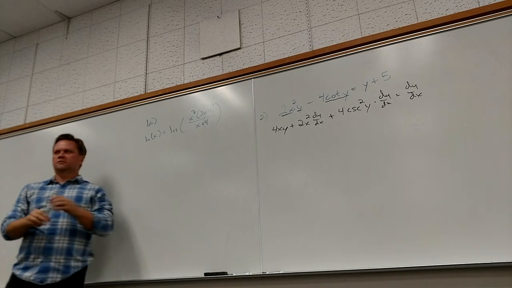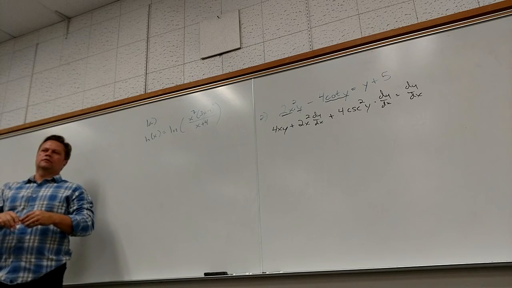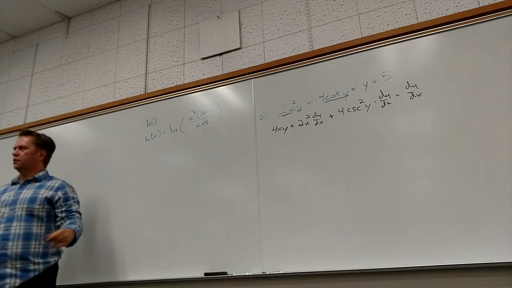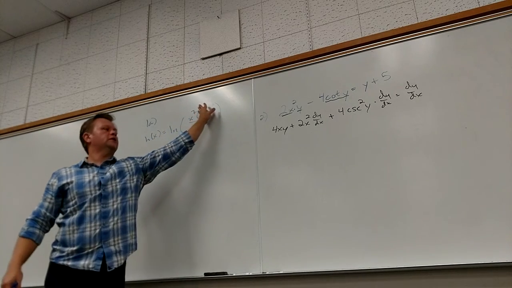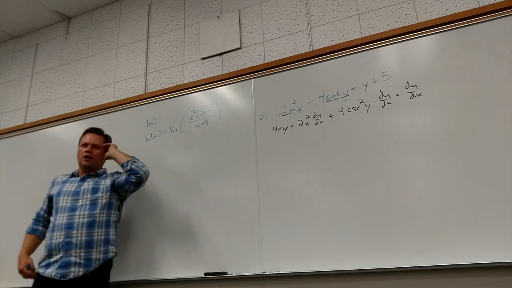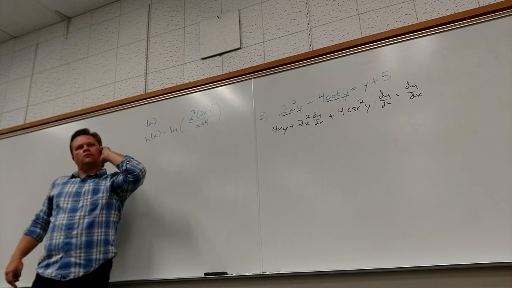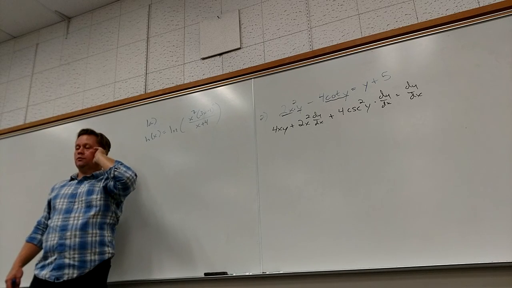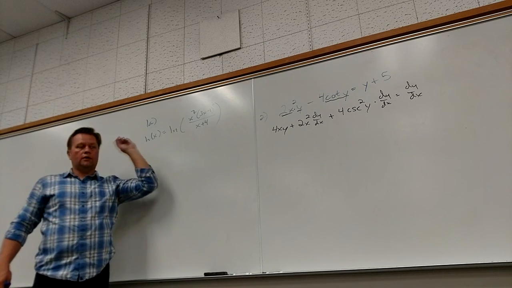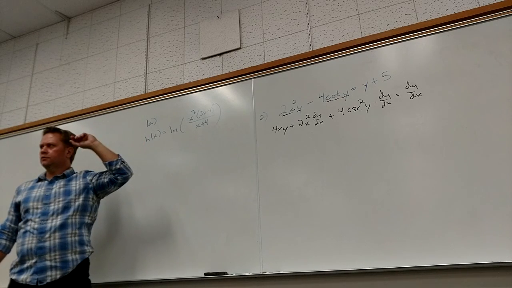There's a combination of problems nobody ever had. So everybody's 1A looked like this. Some of you had 1A look like that. Some of you look like that. Almost nobody, I think one person, simplified first, even though right before the quiz we talked about simplifying first being a really good option. Really, really smart way to go. Can I simplify this using the laws of logs before I do any derivatives? Of course.